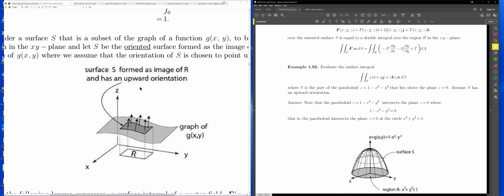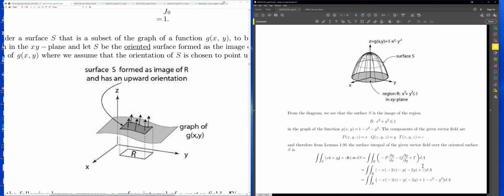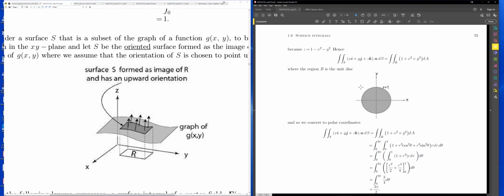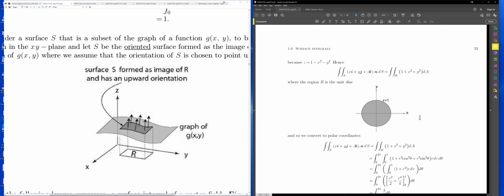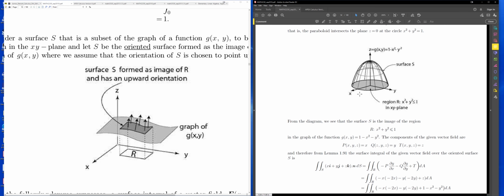And how I get the region R is I take the S over there and project it down onto the XY plane. Now, because of the symmetry of the paraboloid, when I look down along the z-axis, what I will see is a disk of radius 1. So what I'm seeing is a disk when I project this S onto the XY plane.